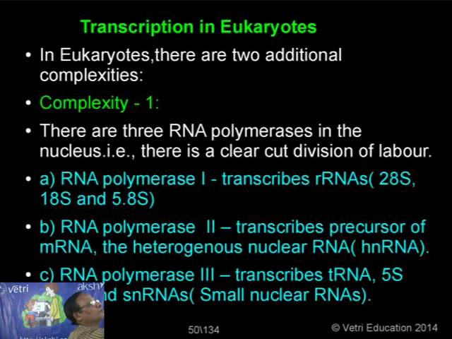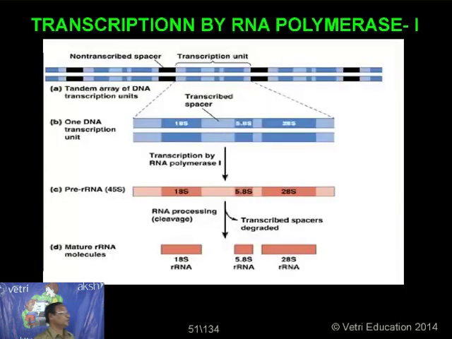Now complexity number 2. Before going to that, I mention a clear illustration showing the transcription of the gene for ribosomal RNA, which is catalyzed by RNA polymerase 1.